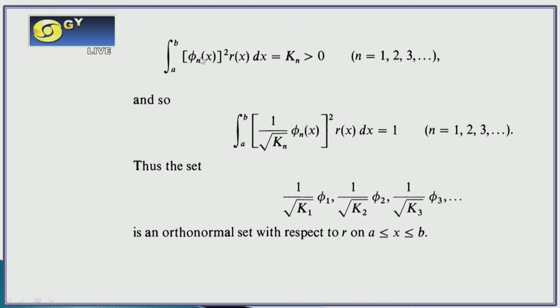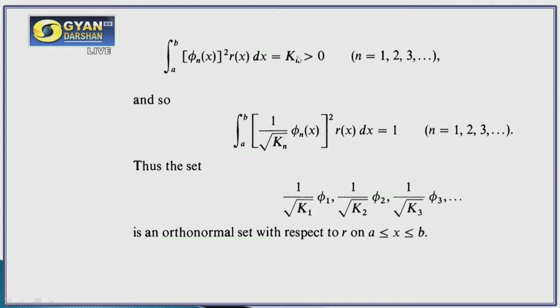You take two repeated copies of the same function, and as per the definition of a normalized function, this integral should become 1. Suppose this integration is greater than 0 but not equal to 1. It will give you some real value, and suppose this value is k n.